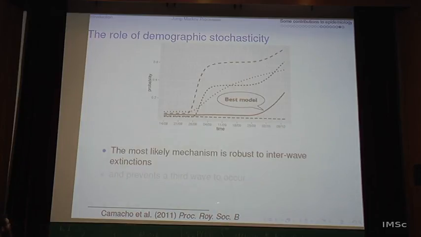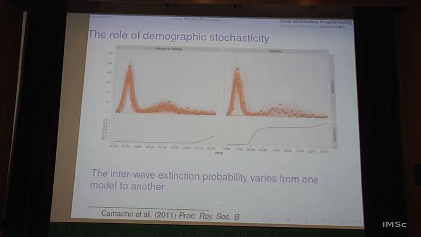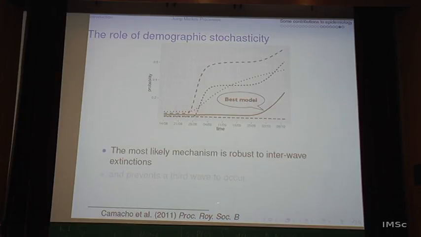So if we compare all the models in terms of this extinction probability, we understand why the best model is the best model, because it has a low extinction probability between the two waves, so it's more likely to create a second-wave epidemic in comparison to all the other ones.